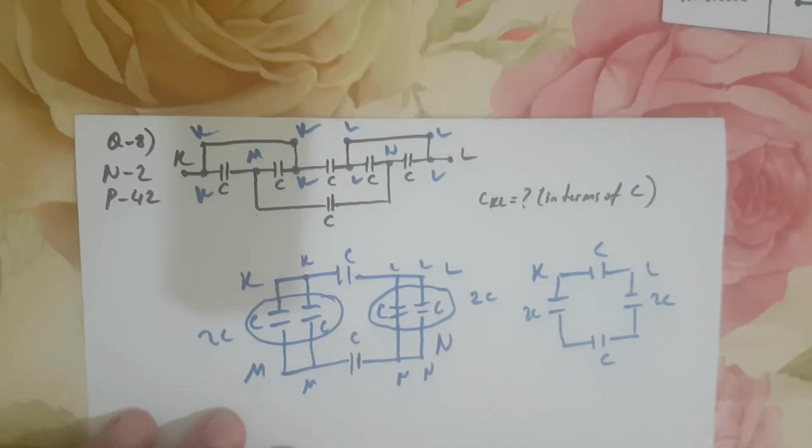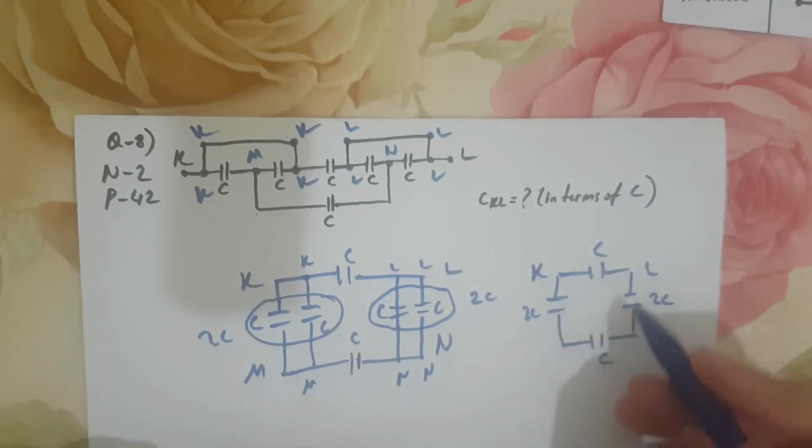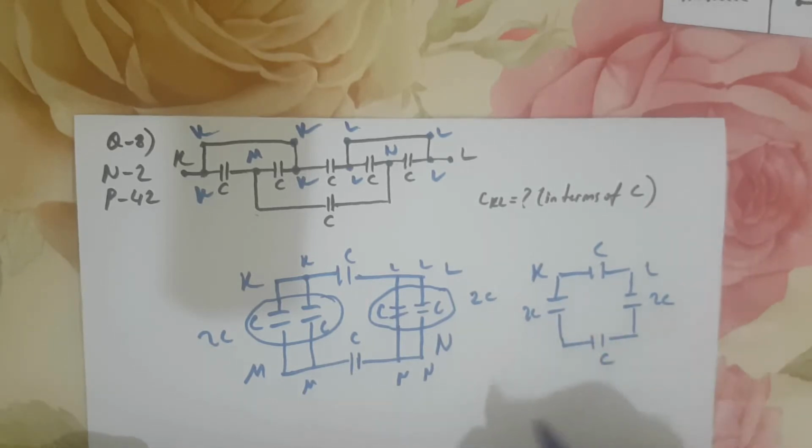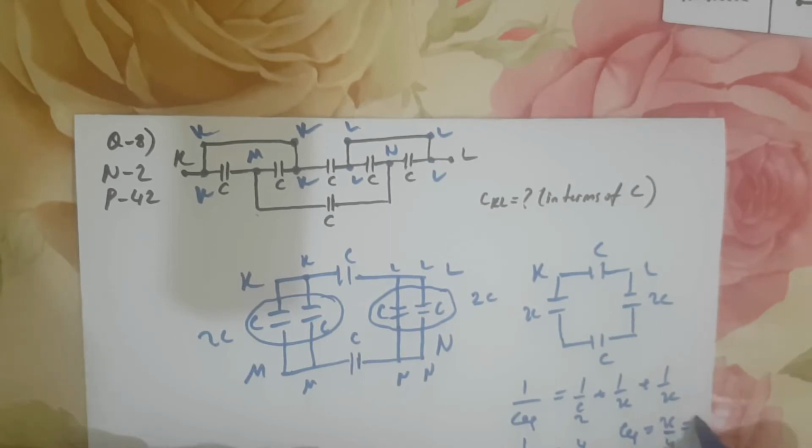Okay. Now, when we write that, between this one, C, 2C, 2C is a series combination. Becomes what? 1 over C equivalent is 1 over C plus 1 over 2C plus 1 over 2C, equals 2, 1, 1, 4 over 2C. So C equivalent becomes 2C over 4, or C over 2.